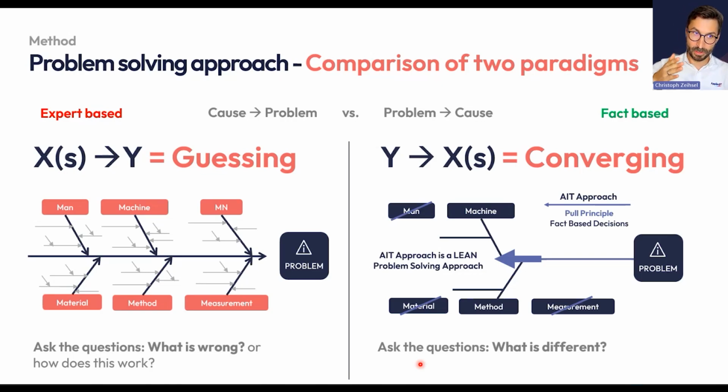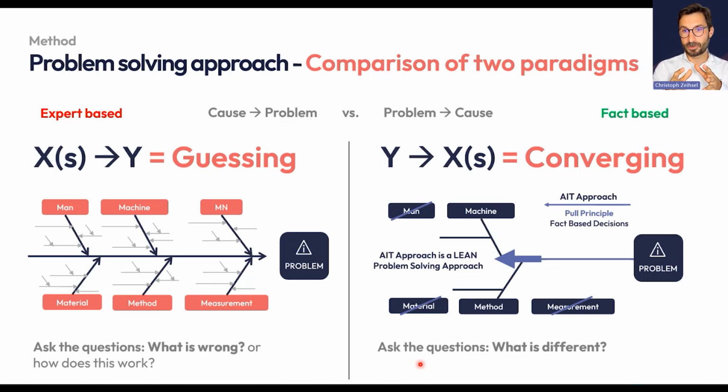We are focusing on fact-based problem solving where we are converging. As I said earlier, we identify the why, we identify the problem, and then we backtrack from there and eliminate everything that is not essential by asking only one question: what is different? What is different between a bad part and a good part, between a better part and a worse part, between a higher level of a certain value and a lower level of a certain value?